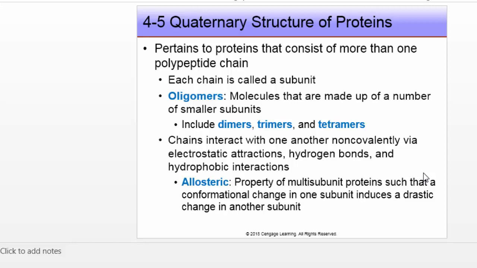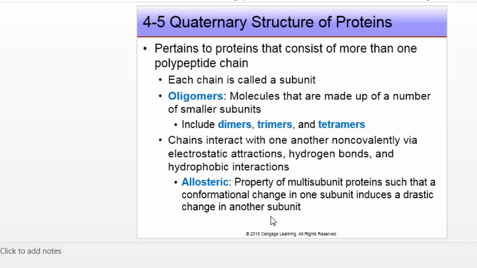Now, proteins that can exhibit this property are called allosteric. Not all multi-subunit proteins exhibit allosteric effects, but many do. A classic illustration of the quaternary structure and its effect on protein properties is a comparison of hemoglobin, an allosteric protein, with myoglobin, which consists of a single polypeptide chain.